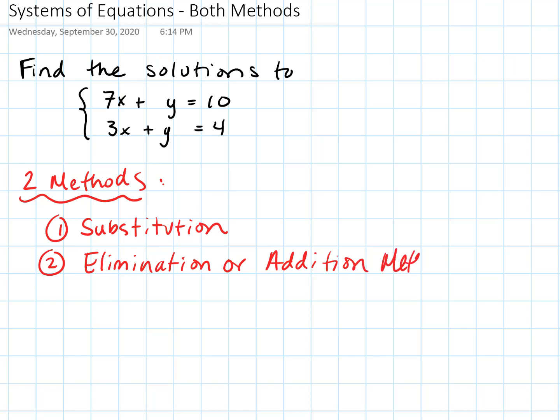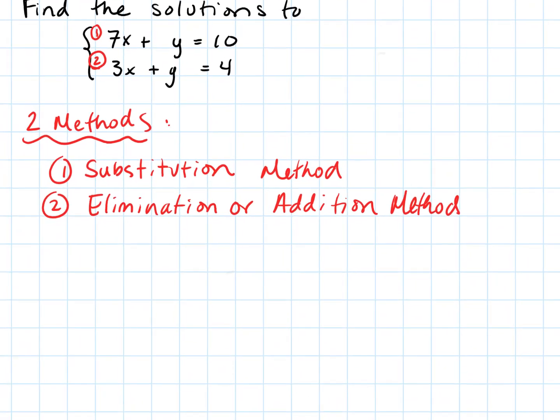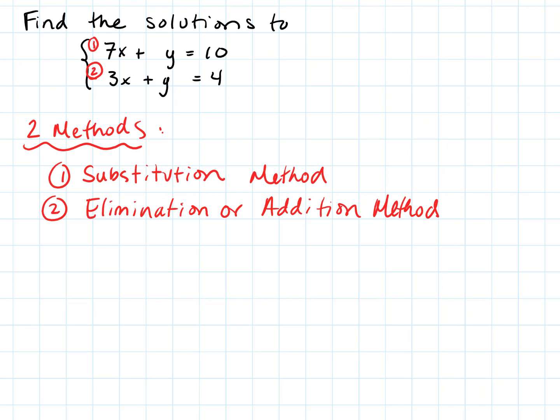And so those are the two methods that we'll focus on here. What substitution does is we take one of the equations and isolate one of the variables, and then we substitute it or plug it back into the other equation. So let's look at the substitution method first, and we'll go through both of these methods here.